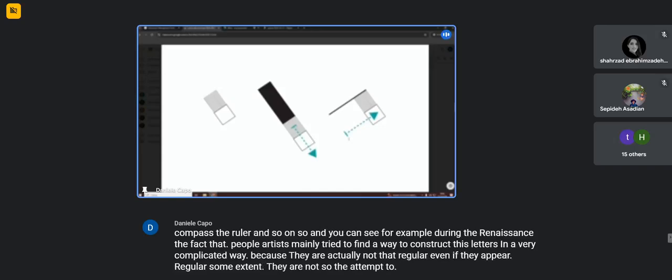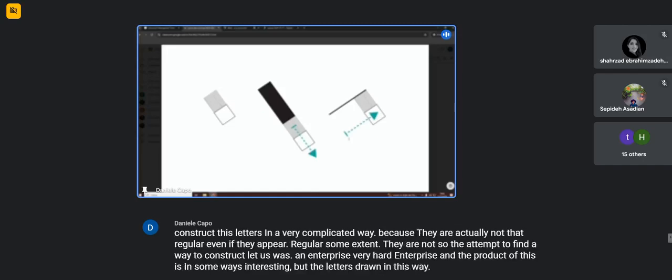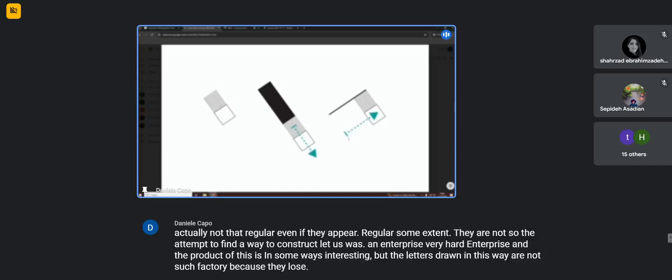So the attempt to find a way to construct the letters was a very hard enterprise, and the product is in some way interesting, but the letters drawn in this way are not satisfactory, because they lose all their vitality.